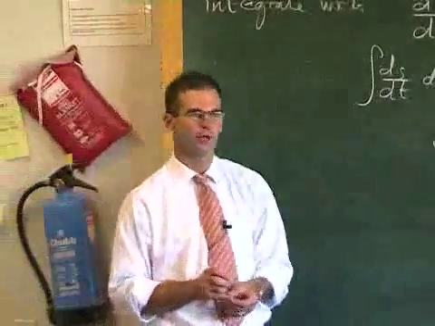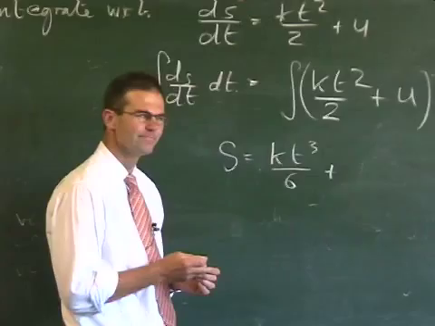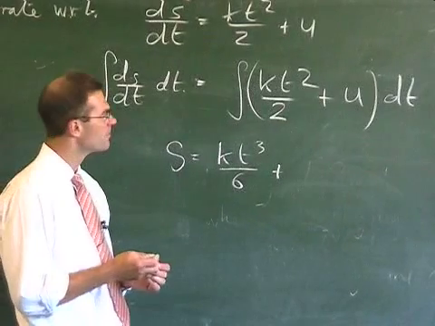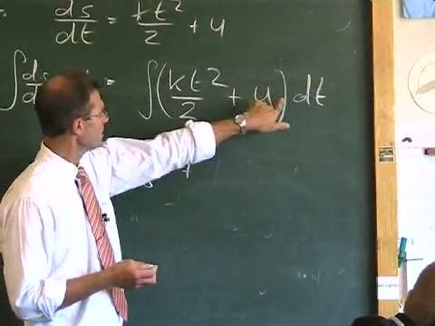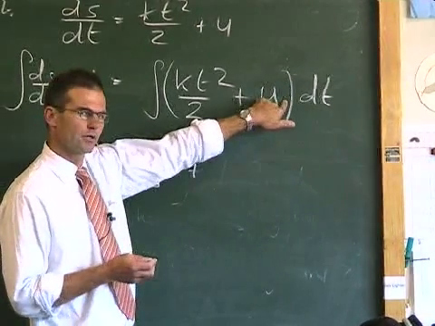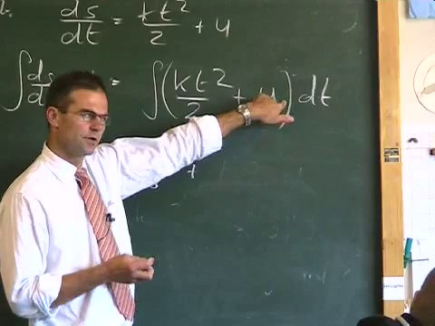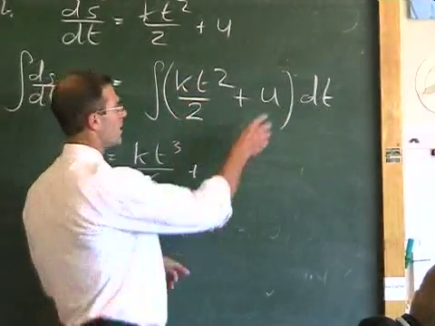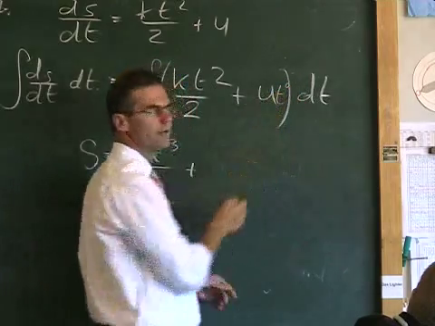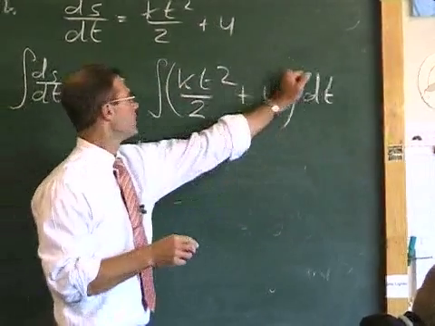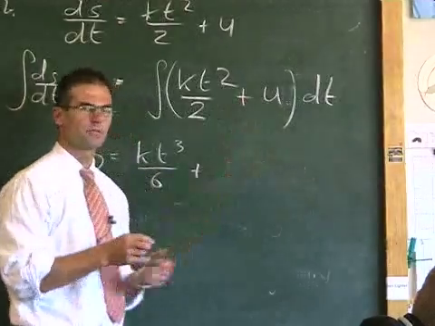What would u be on that integral, Stas? Well, u is just a constant at the moment. If you integrate a constant, you are going to raise the power, but what's the power? If we've effectively got t to the power 0 here, what would that become?